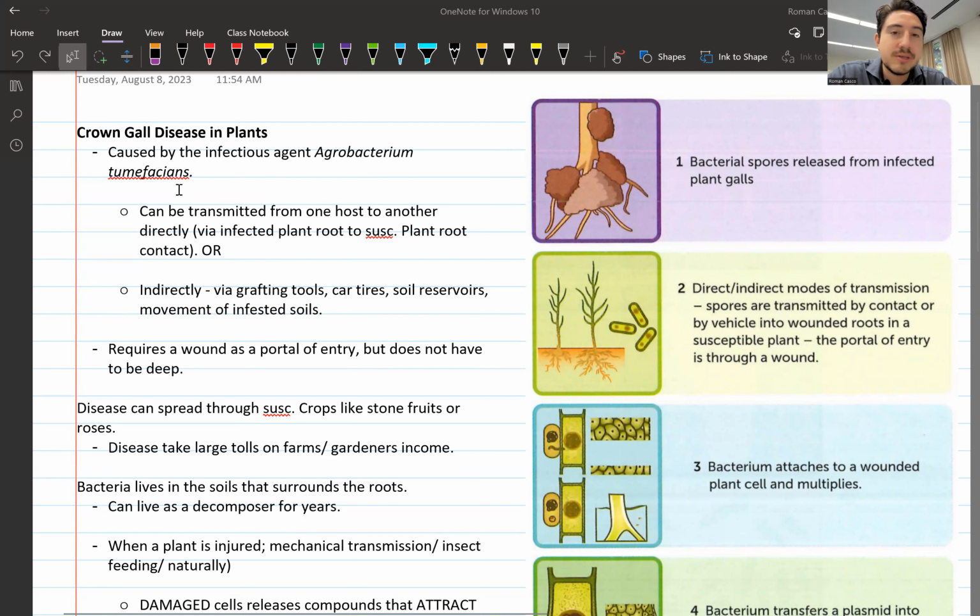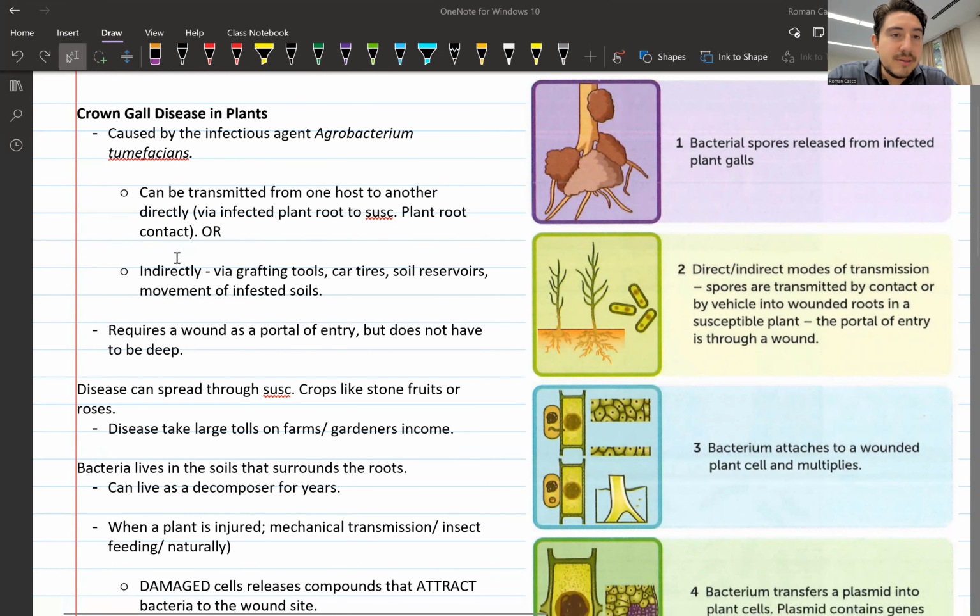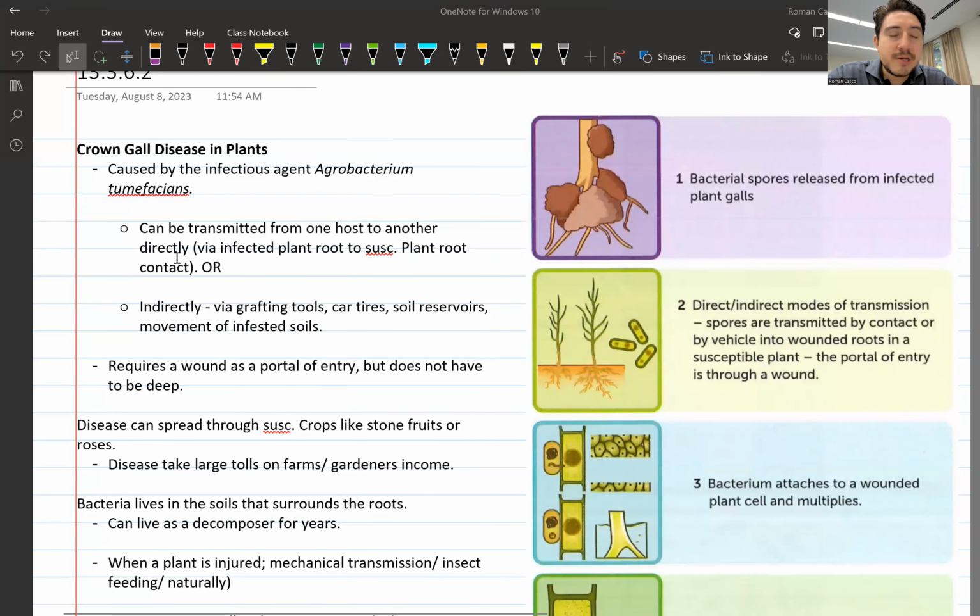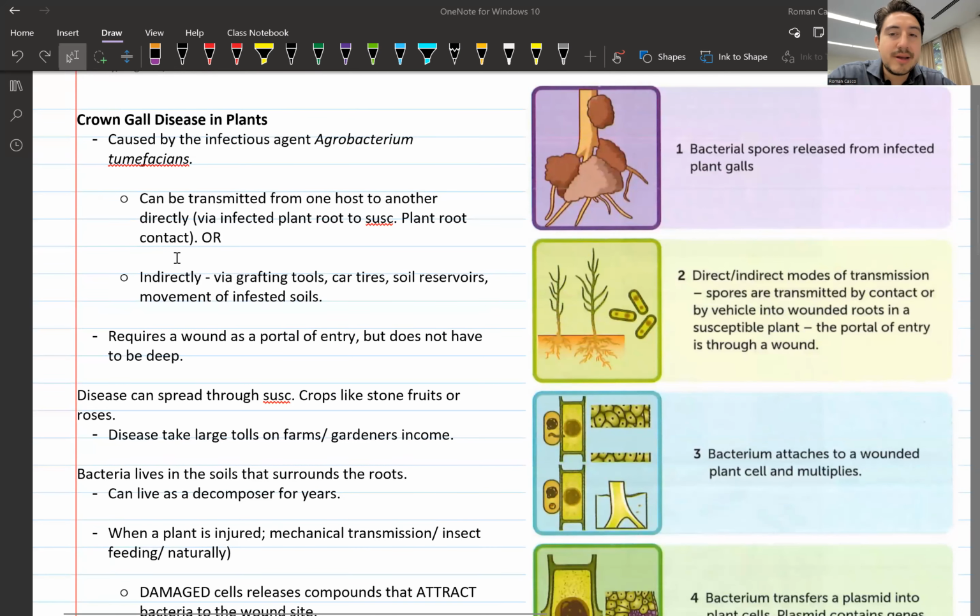You do need to know this name, memorize this name, okay? And this is a bacteria that's quite special in the sense that it can directly pass some of its genetic material, in the sense of the plasmid, into a plant. So it's quite interesting. It's not often that you see bacteria species doing that to organisms.